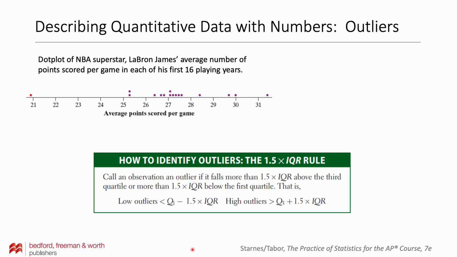We're going to verify whether these are outliers using the 1.5 IQR rule. You take Q1 and subtract 1.5 times the IQR. If there are numbers below that value, those are lower outliers. If you do Q3 plus 1.5 times the IQR, and there are numbers bigger than that, those are high outliers.